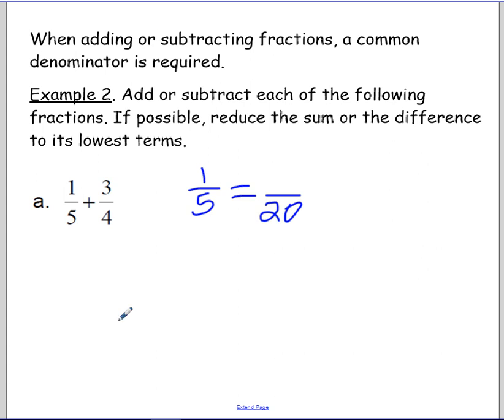And to that, we're going to add whatever we get when we rename 3/4 into an equal fraction with 20 on the bottom. So remember, we've been working with reducing by canceling a number that's the same on the top and the bottom.